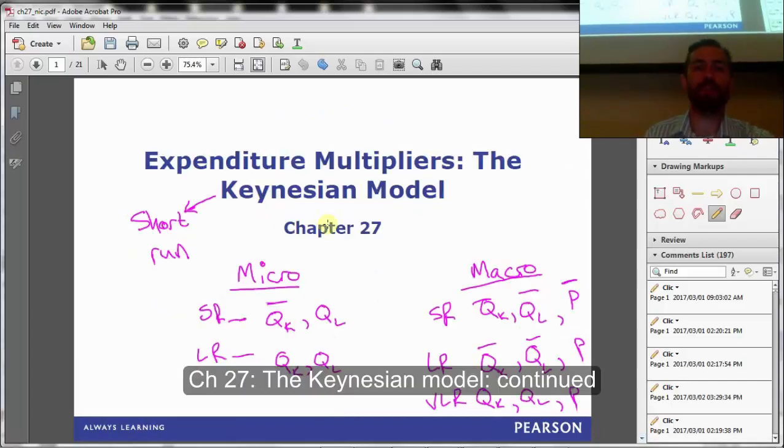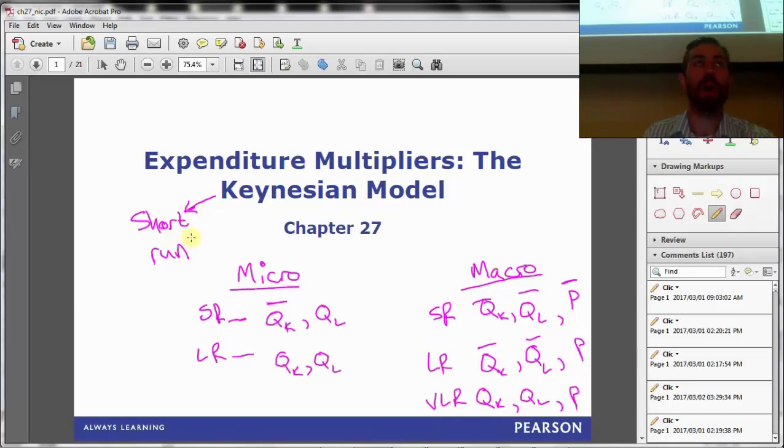So chapter 27, we're talking about the Keynesian model. What is the Keynesian model? It's a short run model of expenditure. Okay? Key to the short run in macroeconomics is that we treat prices as fixed. So if prices are fixed, how do we achieve equilibrium, in other words, between output as an income source and output as an expenditure source?